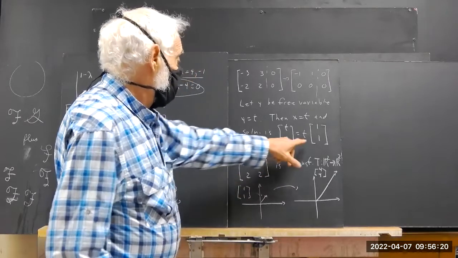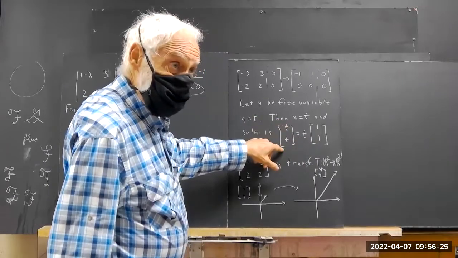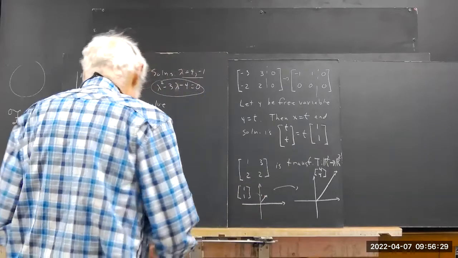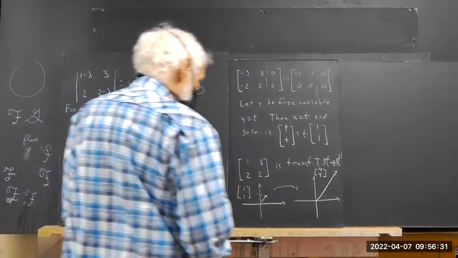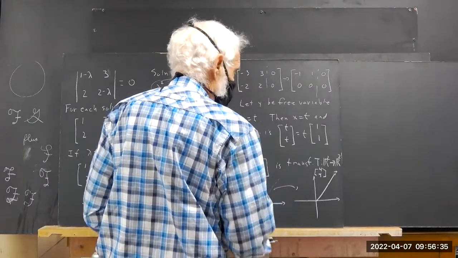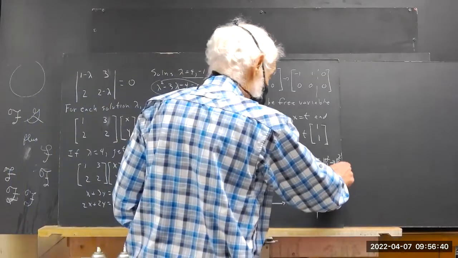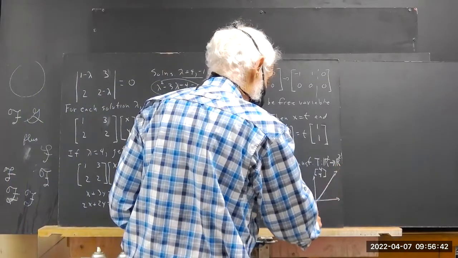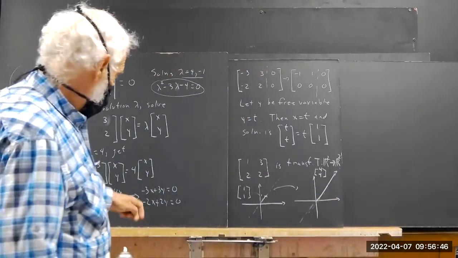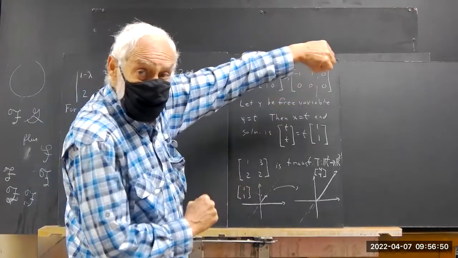So if you take any vector with equal x and y components, whether positive or negative, you get a vector along this line. And your transformed vector is going to be along this line. It's going to be 4 times as long. This means you're stretching your plane by a factor of 4 at that 45-degree angle.